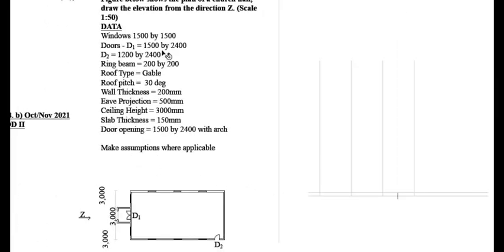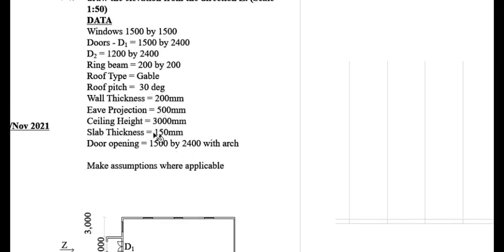The other thing is you have this slab here, so I want to show the thickness of the slab. The thickness is 150. Since this is the plinth level, the top of our slab is at this point, meaning we have to go downwards 150 millimeters.